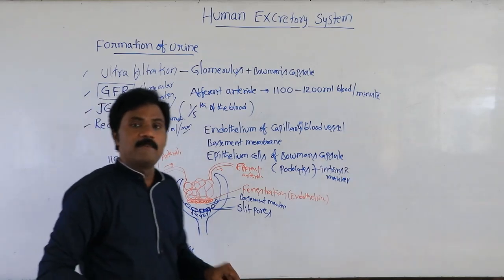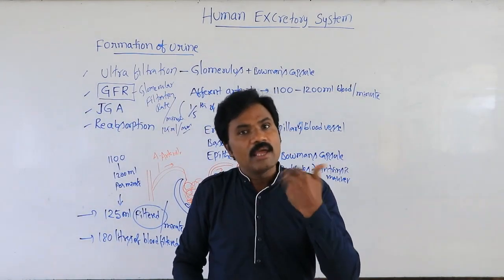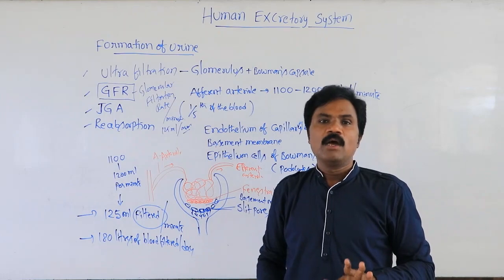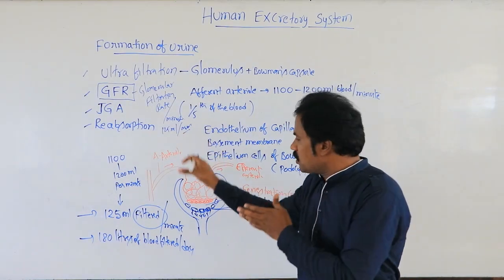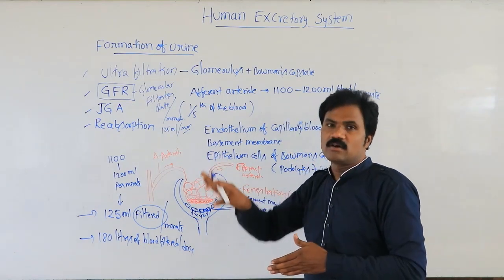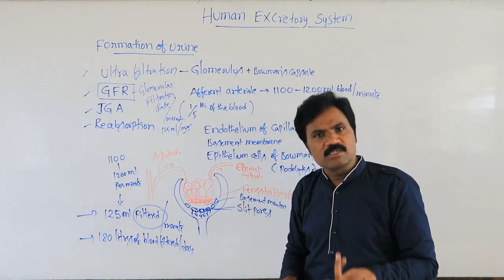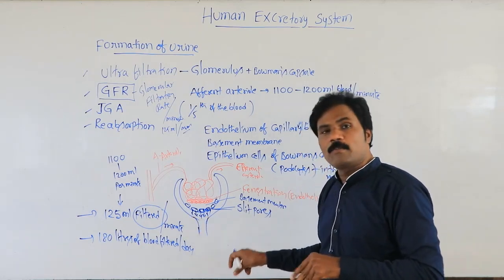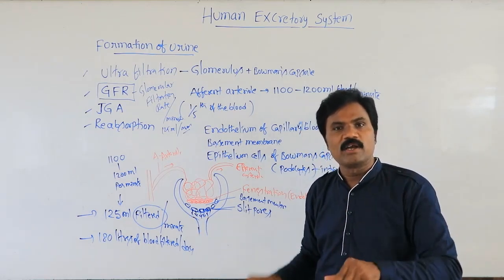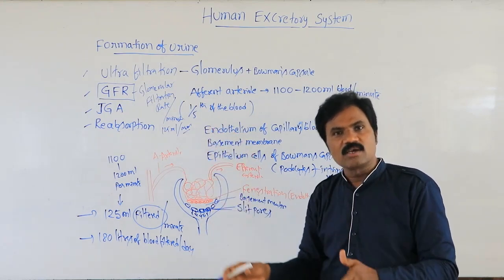Among this filtered blood, not all is excreted or eliminated from our body. 99% is reabsorbed in the rest of the tubular parts of the nephron, like the proximal convoluted tubule, loop of Henle, distal convoluted tubule, as well as the collecting duct.